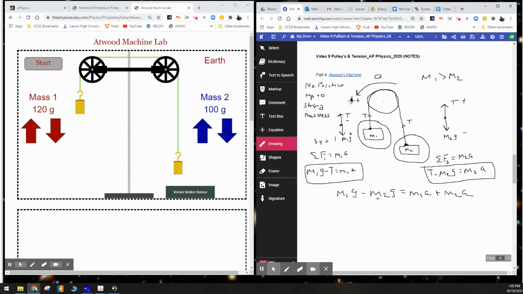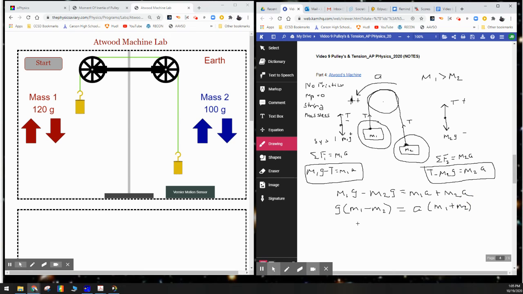Now it looks like I can factor out a G, which I will do. This is G times (M1 minus M2) equals, let's factor out the A, A times (M1 plus M2), like so.